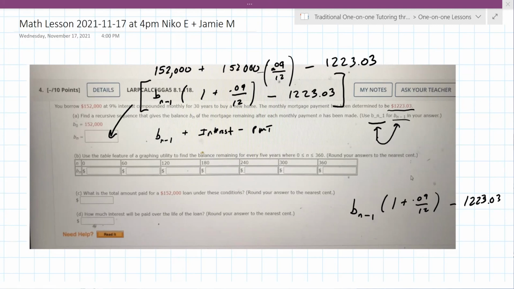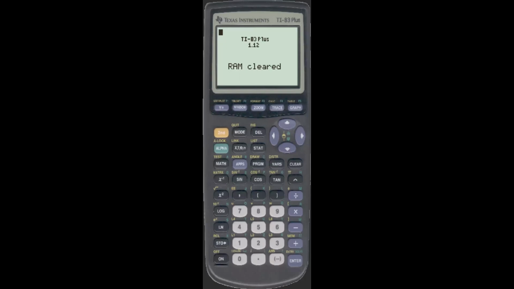Okay, so you should be seeing that calculator. We've looked at it a few times. This one, though, is a recursive sequence. So how do we do that in here?